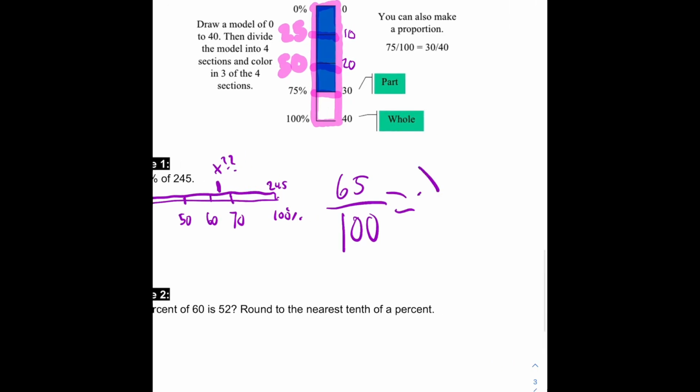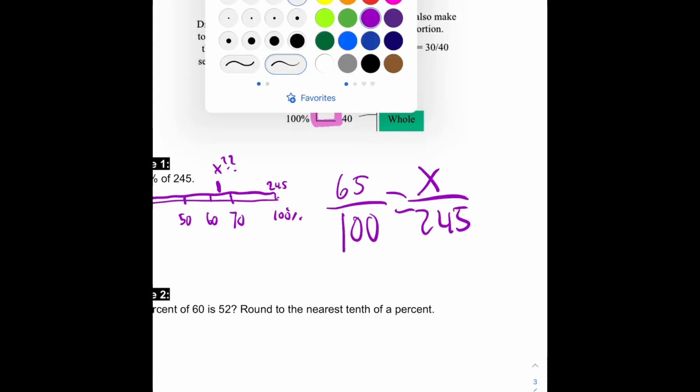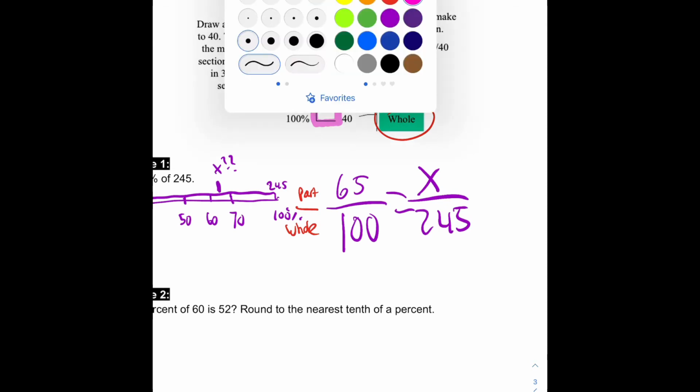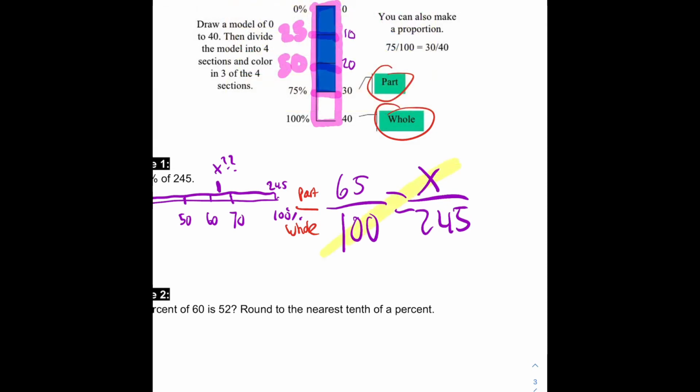I don't know what the number is that's 65%, but I do know the total. If you look at this idea, part to whole, that's what we're looking at. We're going to create a part over the whole thing. 65% is part of the whole thing, which is 100%. We're going to figure out what that x is, but the whole thing is 245.